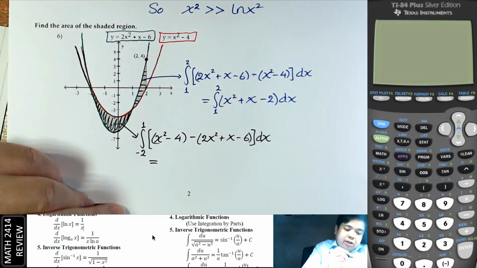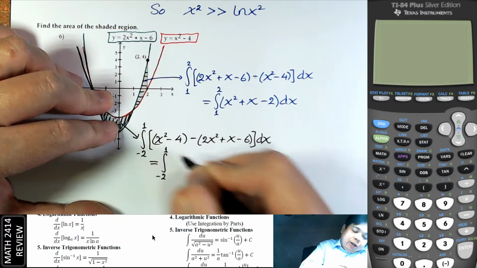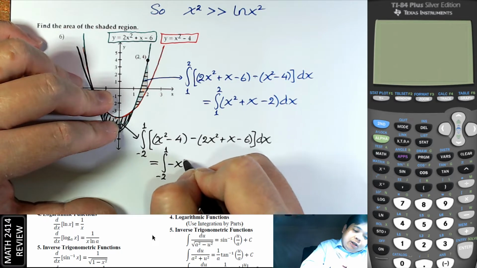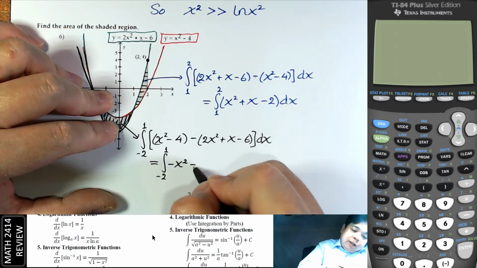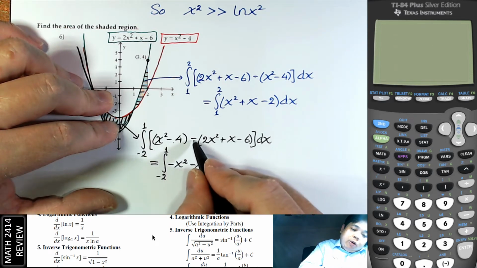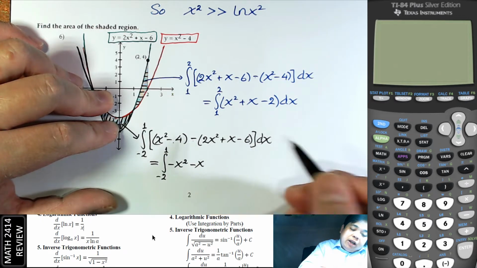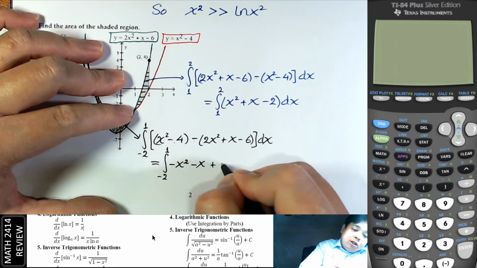So that gives us negative 2 to 1. And x squared minus 2x squared is negative x squared. Negative x. And negative 4 minus negative 6. Negative, that turns to positive. So negative 4 plus 6, so that plus 2.